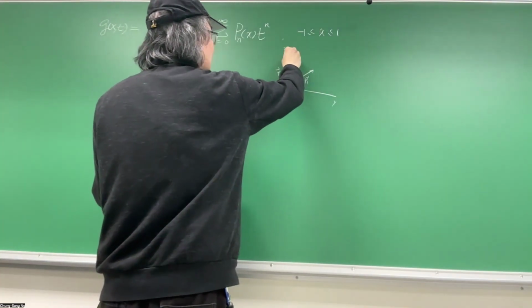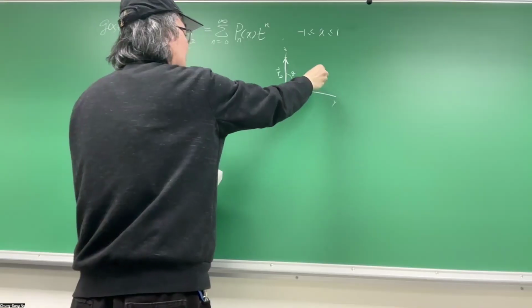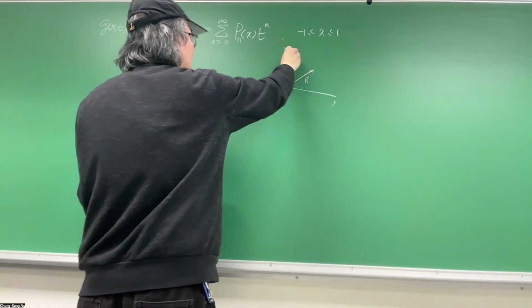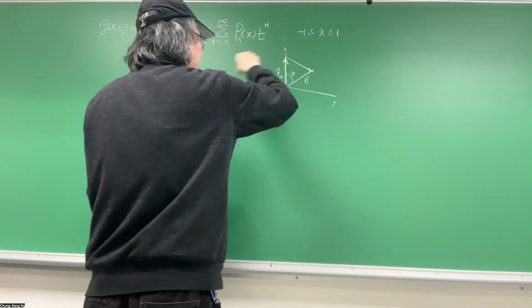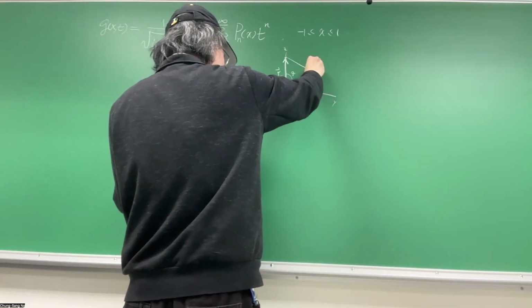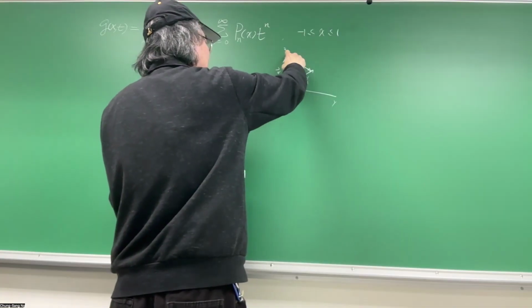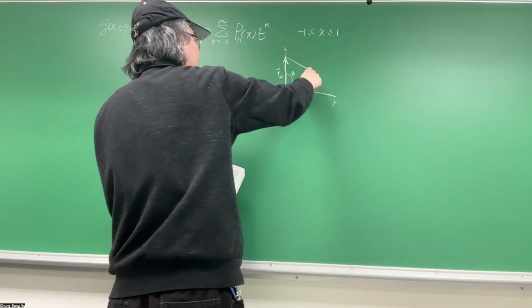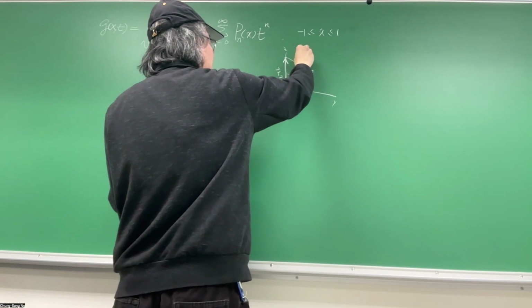Now we consider these two points. R1 minus R2 is this. The distance between these two points, R1 and R2, is this.